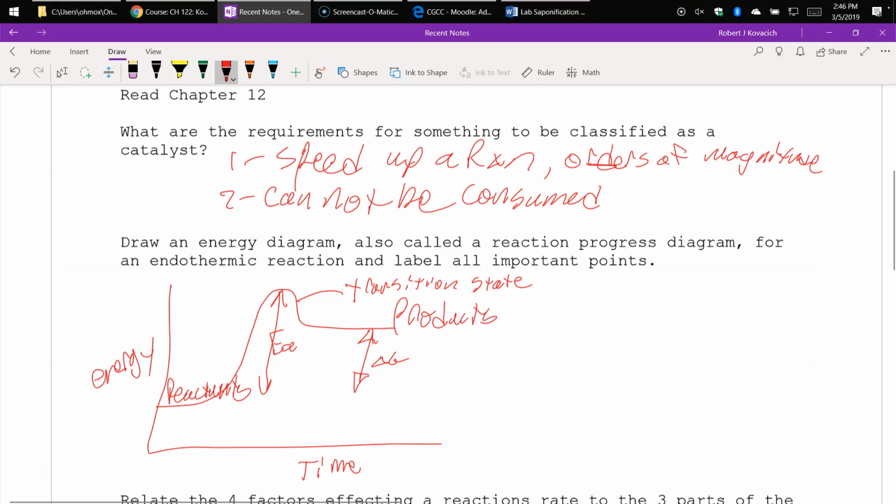This is an endothermic reaction because the products end up having more energy than the reactants do.